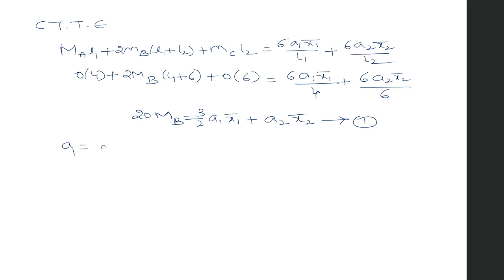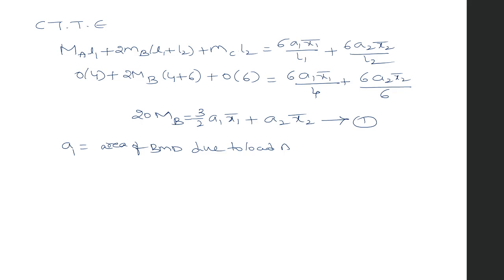Due to load on AB, which is a UDL of 6 kN per meter. Similarly, A2 is the area of the bending moment diagram due to the UDL on BC.